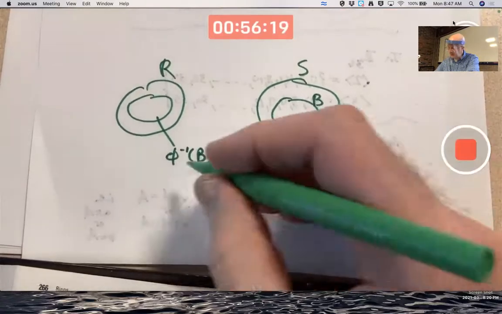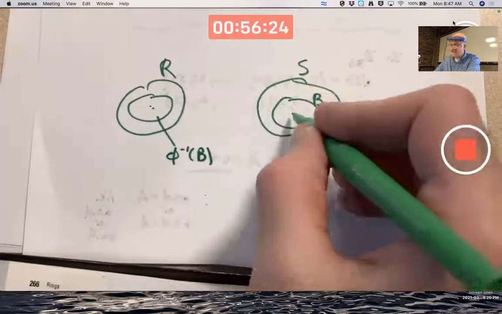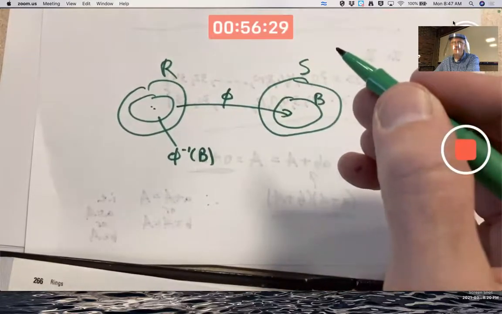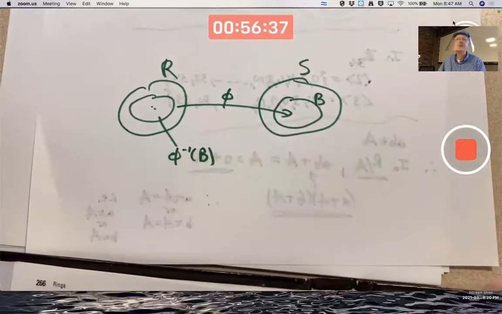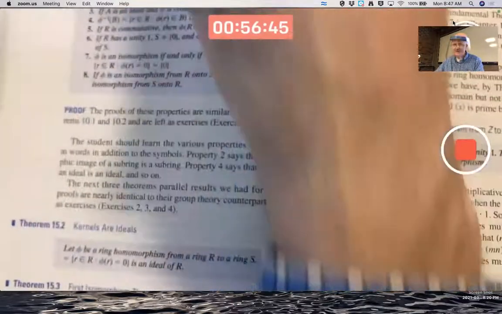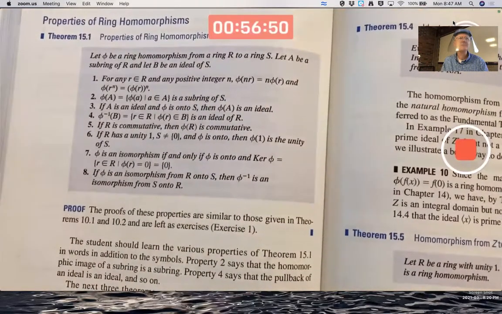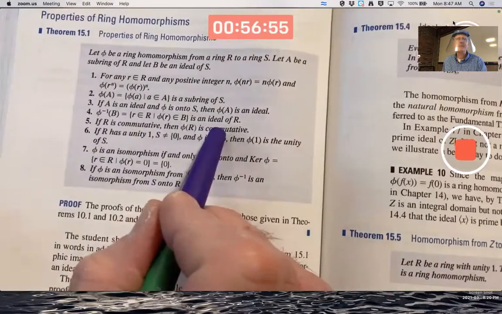I should really say the pre-image of B in R is everything in R that gets mapped into B. Which, if phi is not 1-to-1, is in a sense going to be bigger than B, but I didn't draw it that way. If B is an ideal in S, this pre-image is an ideal in A. You don't need to assume phi is onto or 1-to-1. Should be able to prove this with the ideal test. I could see that coming up on exam 3.